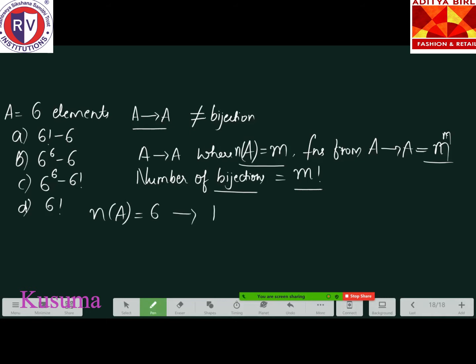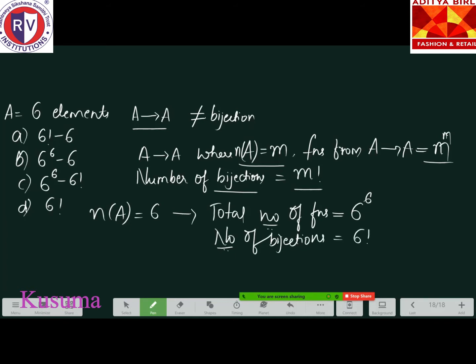So the total number of functions will be 6 to the power of 6, and the number of bijections will be 6 factorial.